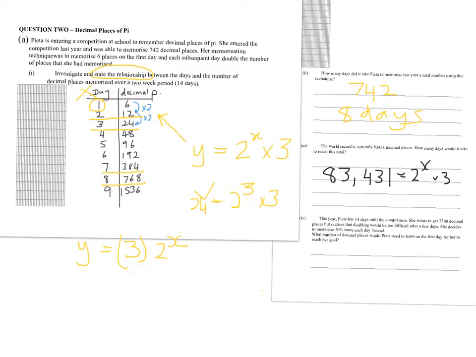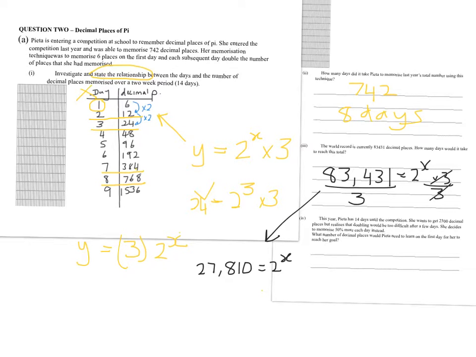I want to find x, so I can divide by 3 on this side and divide by 3 on that side. That leaves me with, using your calculator, 27,810 equals 2 to the power of x.